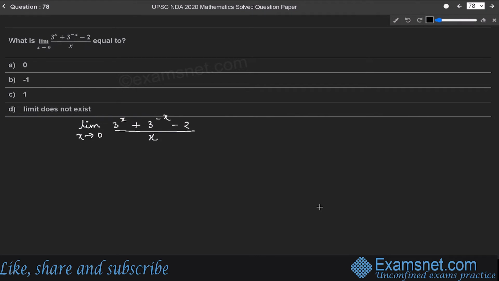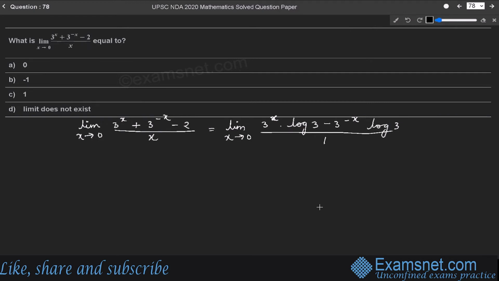So it can be written as limit x tends to 0, 3 to the power x into log 3 minus 3 to the power minus x into log 3 upon 1. Now you can see that it is in 0 by 0 form.